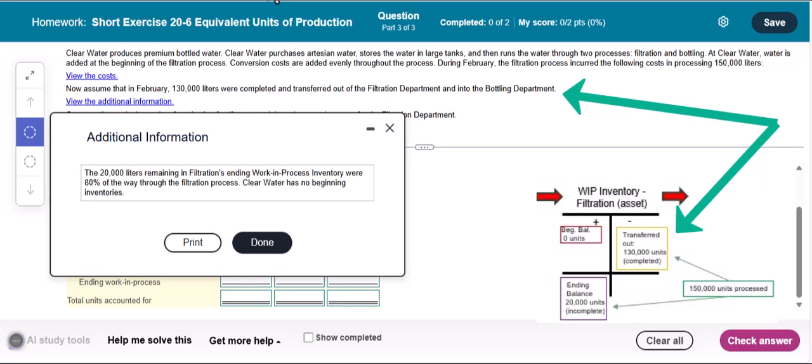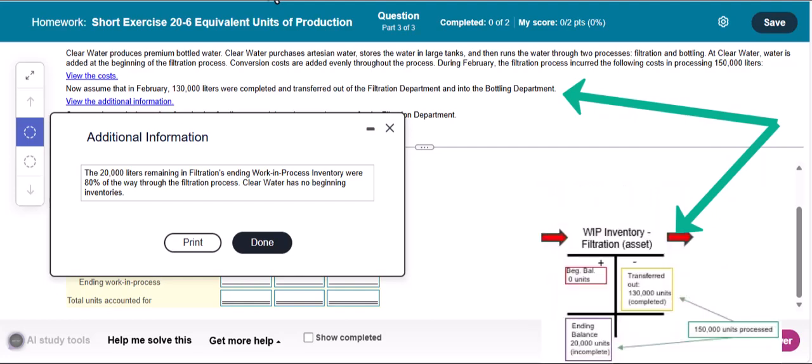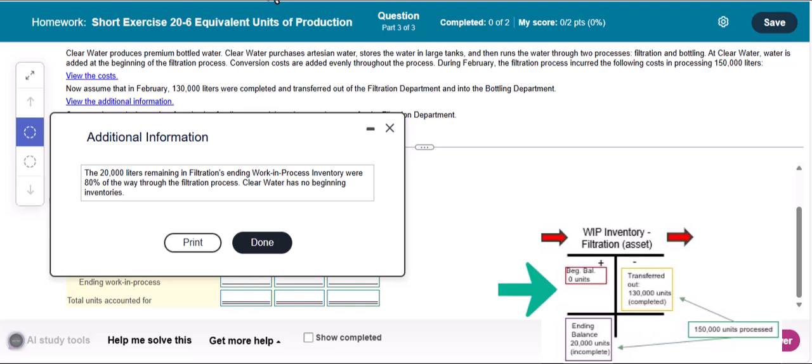So that's what I'm showing here, completed and transferred out for that 130,000. If we process 150,000 and transfer out 130,000 units, that means we have 20,000 units incomplete. So that's 20,000 liters remaining in the work in process inventory for filtration.